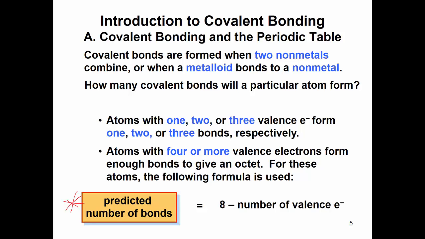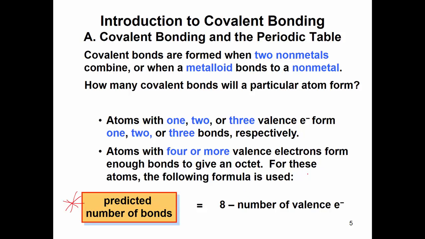Because 8 is our octet, for atoms with 4 or more valence electrons, which our nonmetals have, you can take 8 minus the number of valence electrons for the element you're looking at and trying to draw its covalent bonding, and you subtract that.